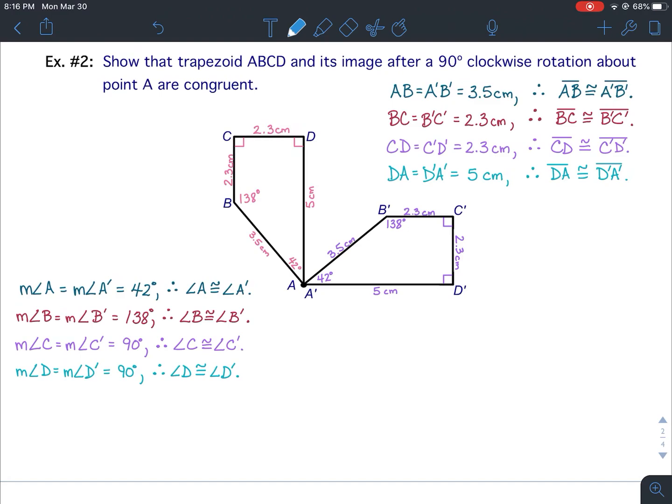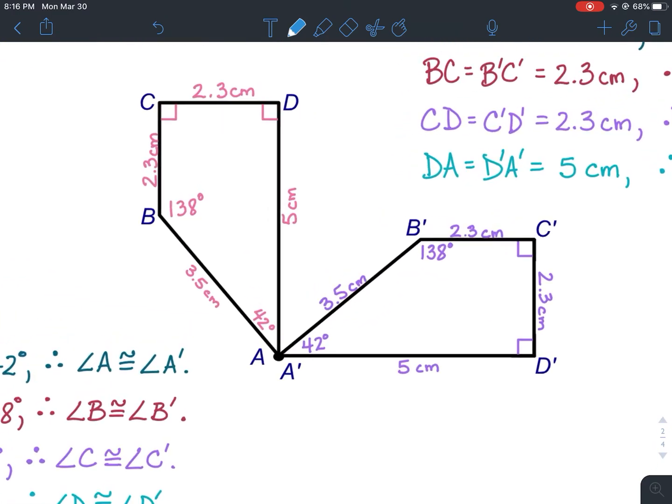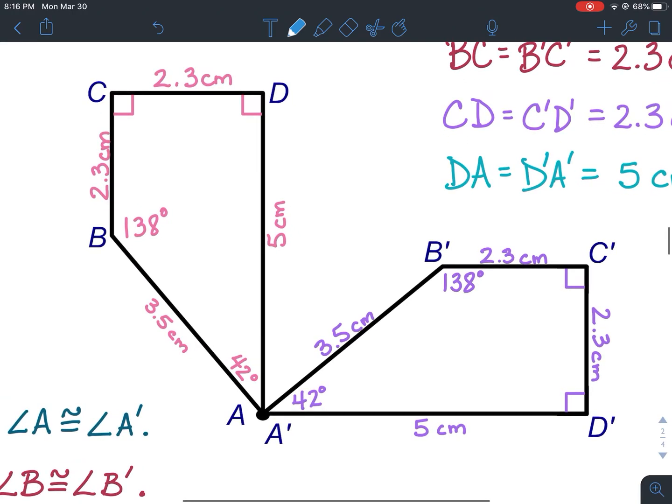So I went ahead and wrote the measurements on the figure. Go ahead, pause your video, and get all those measurements written down. Don't forget to make sure you have all 4 angle measurements written down, including the boxes to represent 90-degree angles, and then all 4 side lengths for each figure written down.